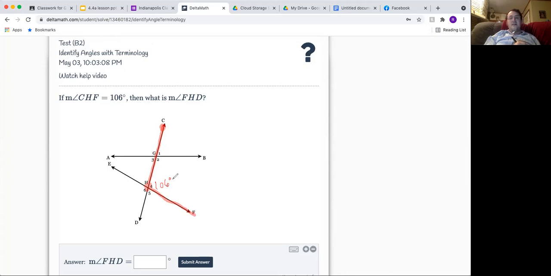And then FHD, I'm just going to do in a different color. Maybe I'll do dark green, and I'll go a thicker pen thickness. So that's going to be FHD. What we notice is that this is a linear pair.